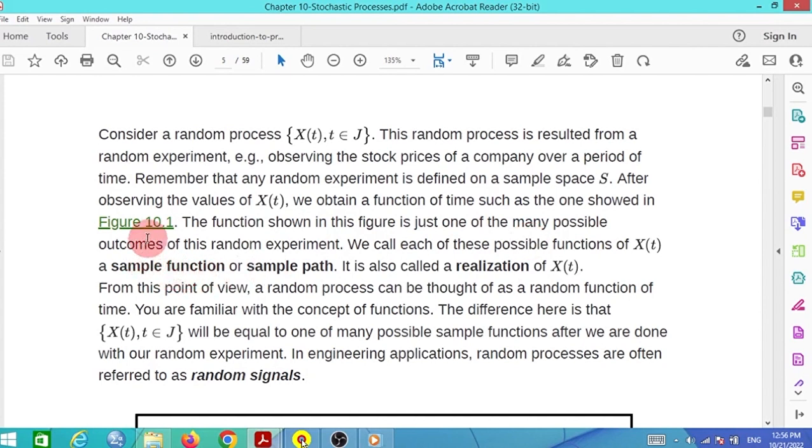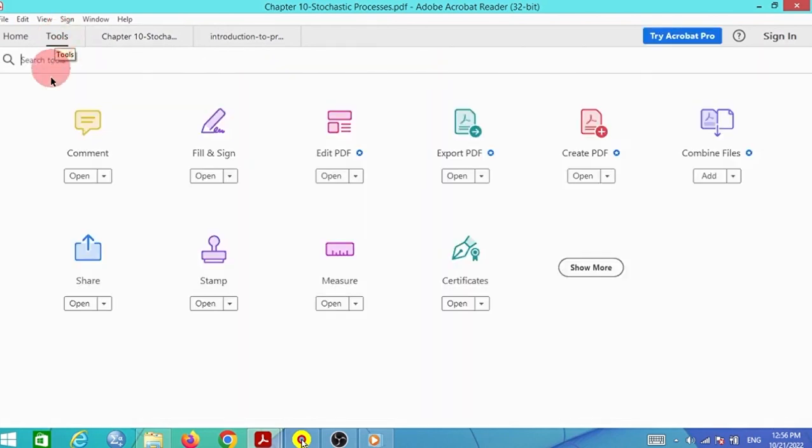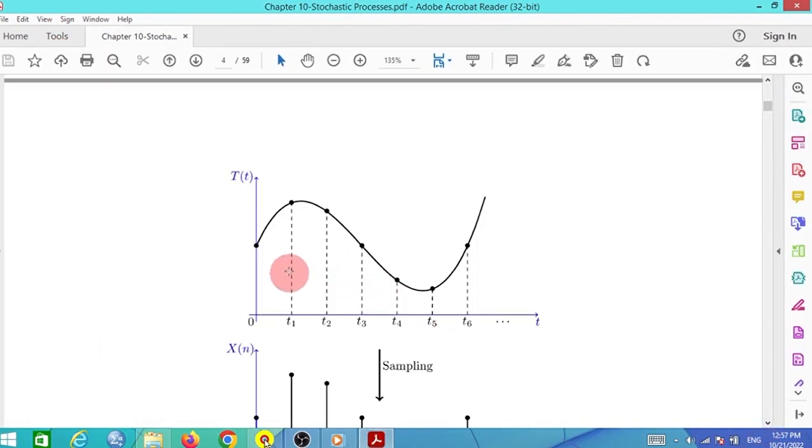Because at each time you may take any value. For example, for this realization, at time t, you just obtain this value, but maybe on another day it is below this, or above this.